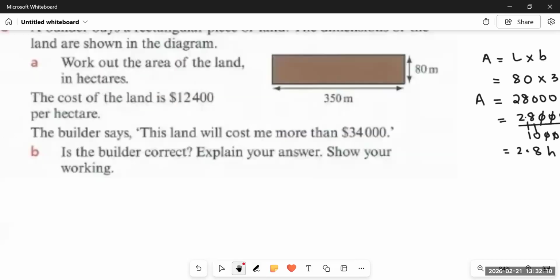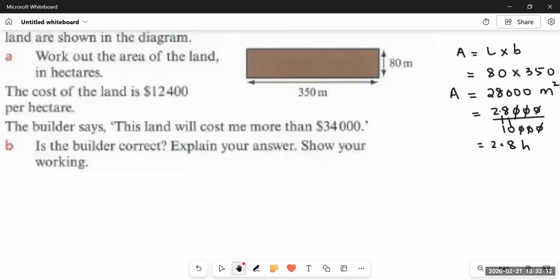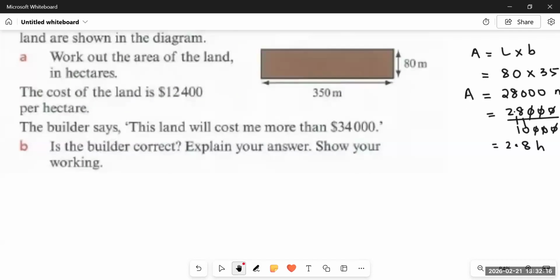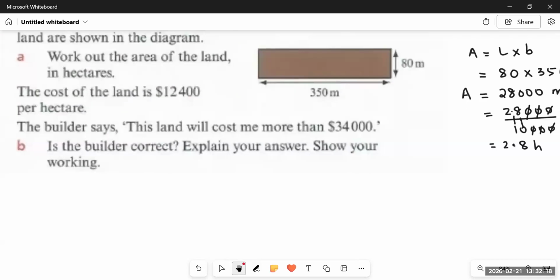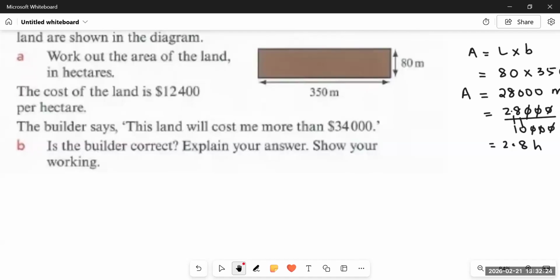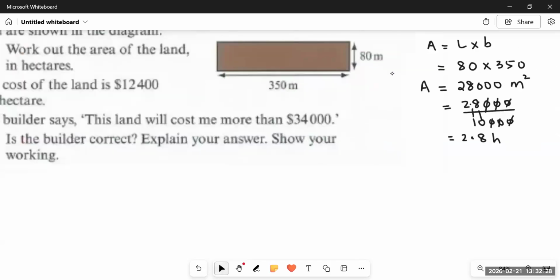Then next it says the cost of the land is $12,400 per hectare. And the builder says this land will cost me more than $34,000. If the cost of land is $12,400 per hectare, it means for 1 hectare we have to pay $12,400. Since the area of this land is 2.8 hectares, what would be the cost of 2.8 hectares?